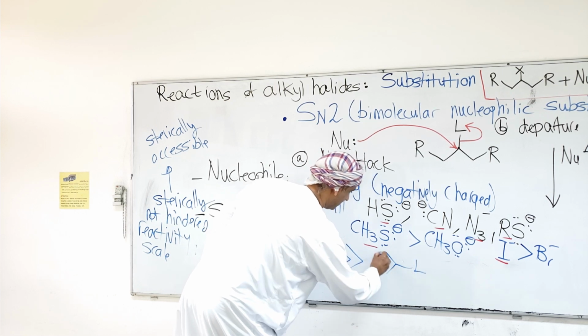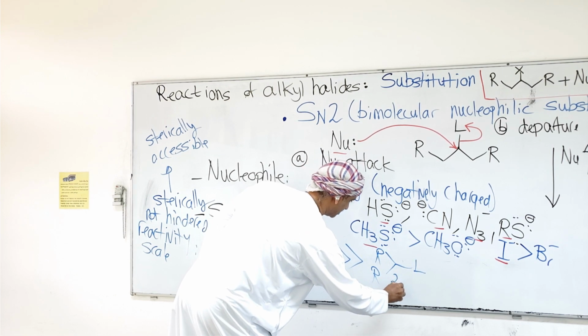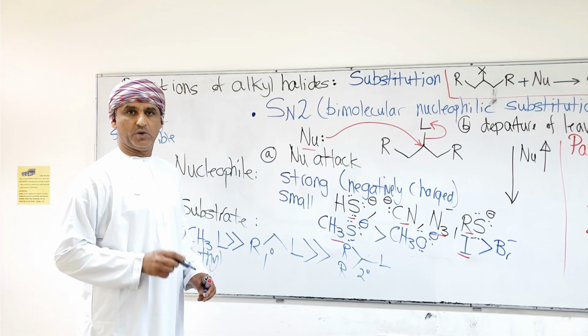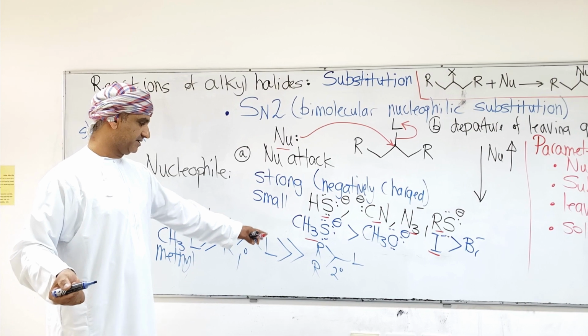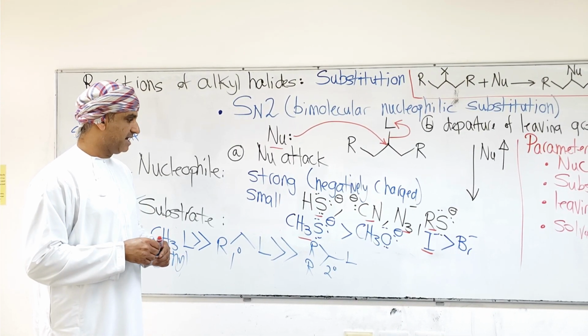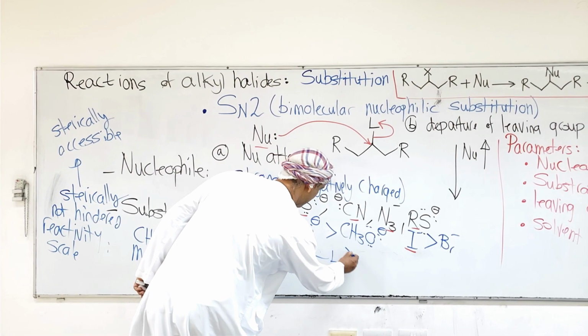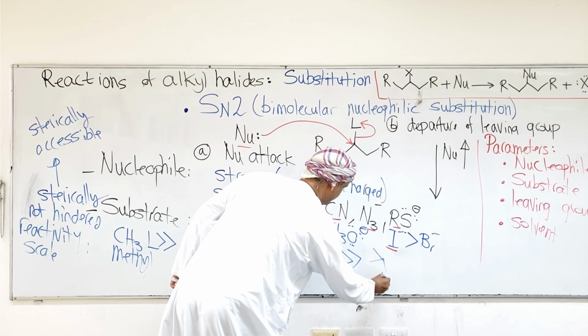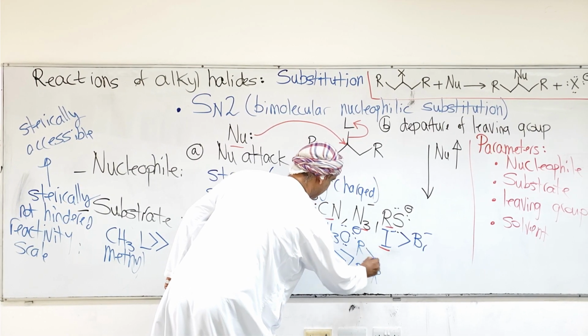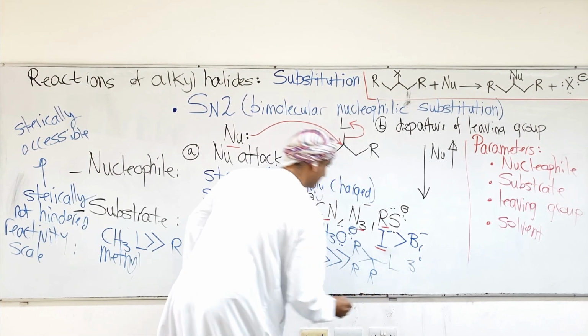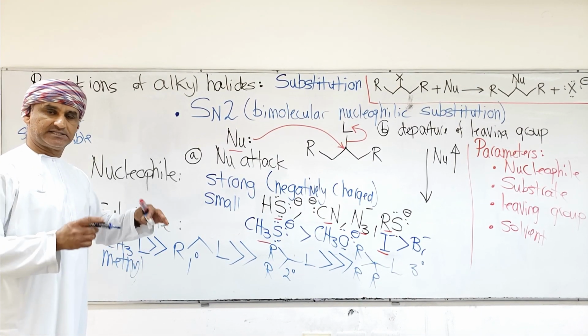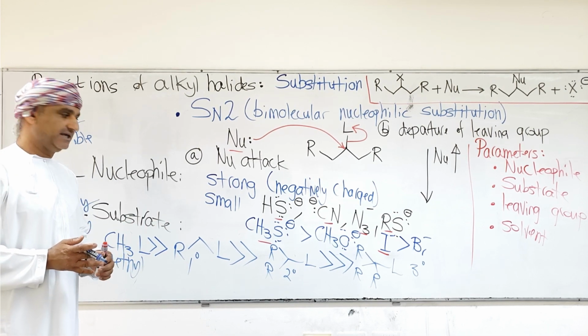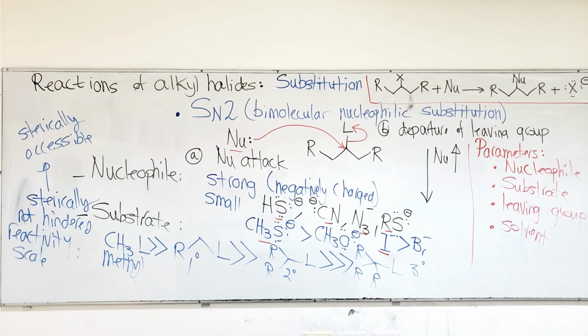The secondary has two groups on the carbon that's bonded to L. Secondary substrates are also reactive, and have much higher reactivity than the tertiary substrates. Tertiary substrates are virtually ineffective in the SN2 mechanism. So the most reactive substrate is the methyl. This is the reactivity scale.